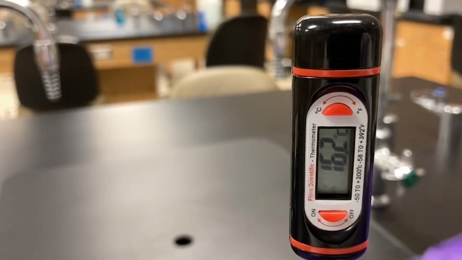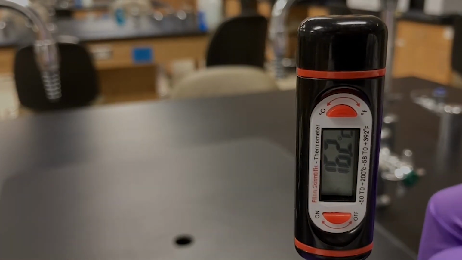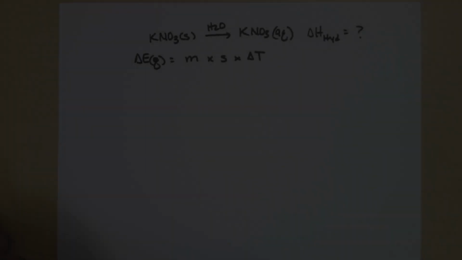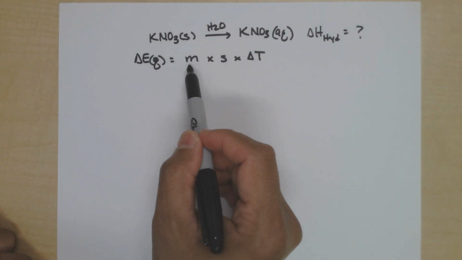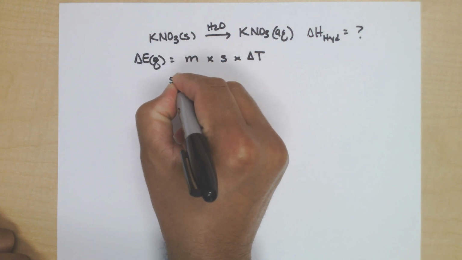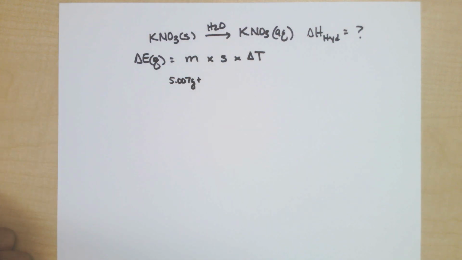Now, let's look at the calculations. Again, our mass is the total mass. In this case, we used 5.007 grams of the salt, and this is dissolved in 75 milliliters of water.